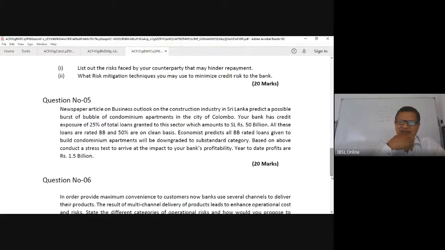The industry is construction, but there's a segment of condominium apartments, and there's a problem there. Your bank has credit exposure of 25% of total loans granted to the sector, which amounts to 50 billion.